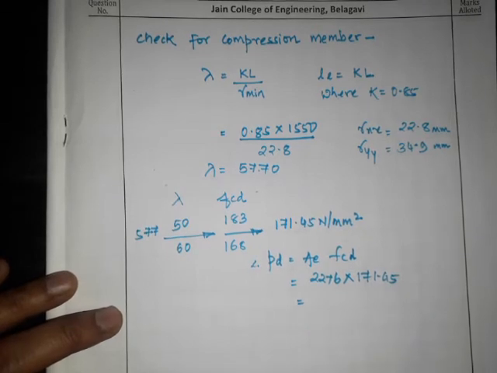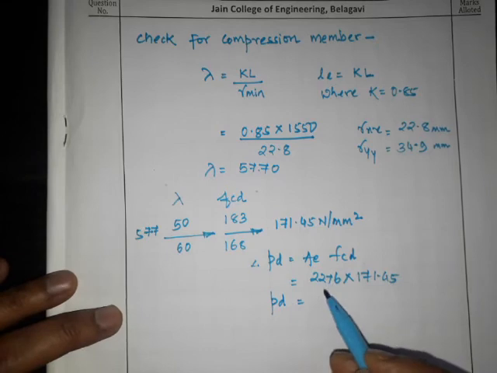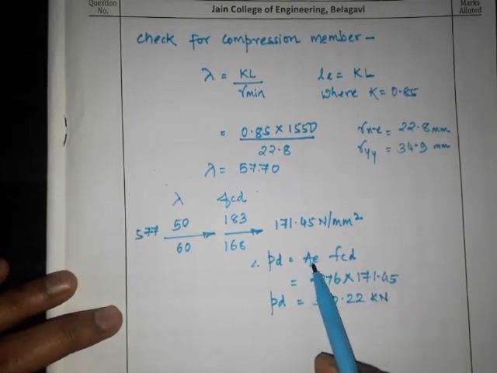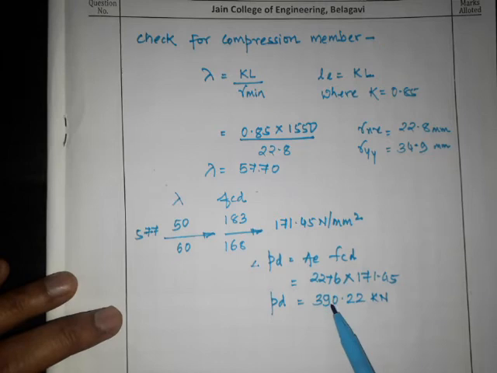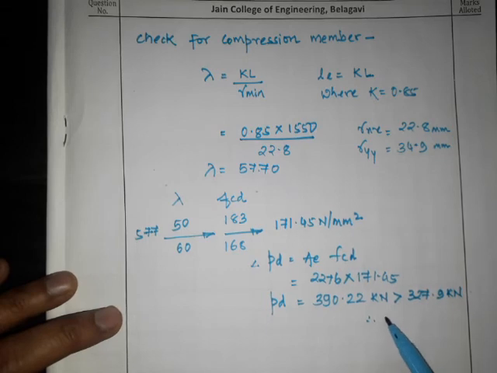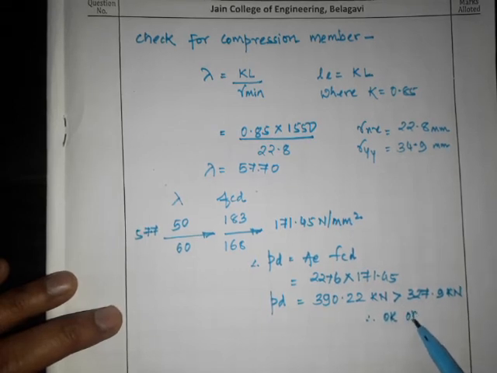So we get Pd equal to 390.22 kilonewton. Correct? Force is equal to area into stress. 390.22 kilonewton is more than 327.9 kilonewton. Therefore, it is okay, or safe, as a compression member.